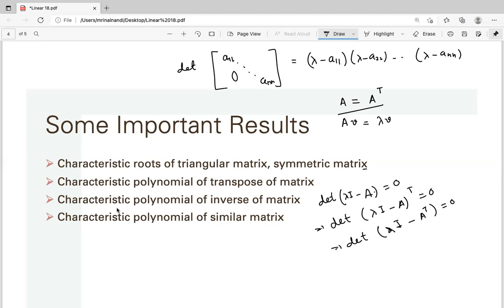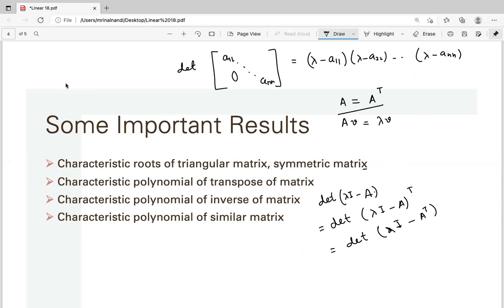Basically, you don't write this equal to 0; as a polynomial they are the same. Not only the equation, as a polynomial they are the same. Now, what about the characteristic polynomial of the inverse of a matrix, A inverse?